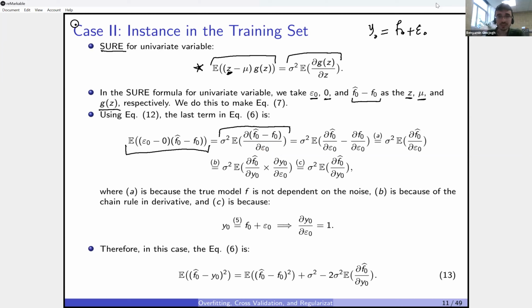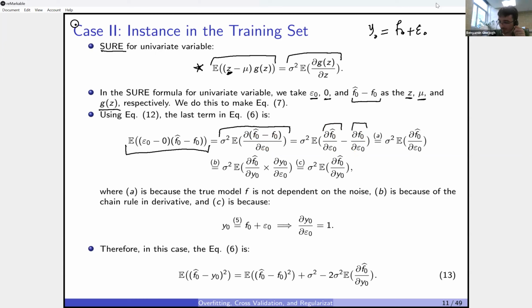We know that the derivative is a linear operator. Therefore, the derivative of f0 hat minus f0 with respect to epsilon 0 can be broken into the derivative of f0 hat with respect to epsilon 0 minus the derivative of f0 with respect to epsilon 0, right?